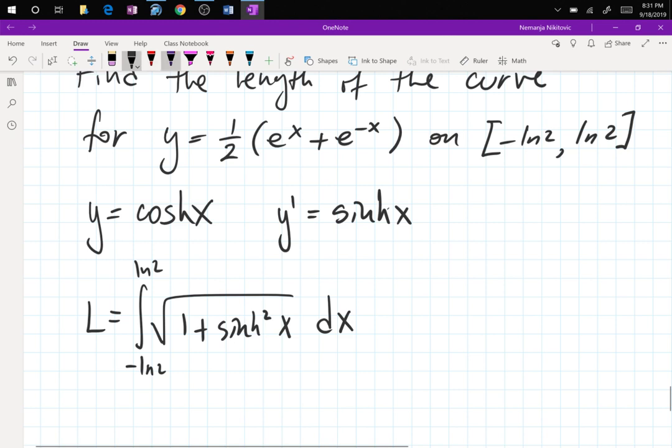Now, some of you might remember the identity which said that cosine hyperbolic squared x plus sine hyperbolic squared x is equal to 1.